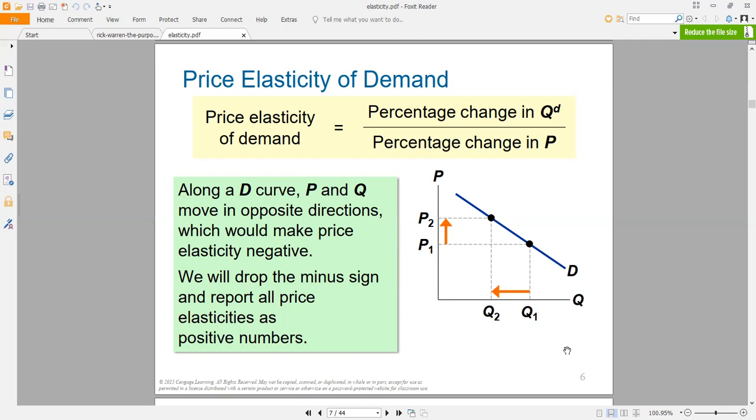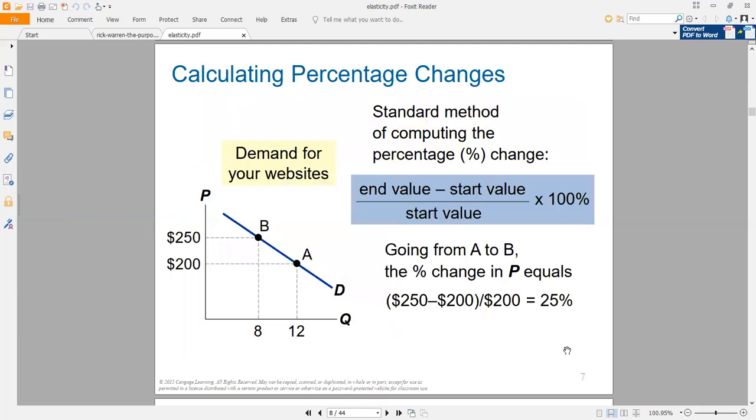We can do this because we know that whenever you measure price elasticity of demand, the answer should always be negative. So if you see the elasticity coefficients not having negative signs, it doesn't matter. We know they do have negative signs.